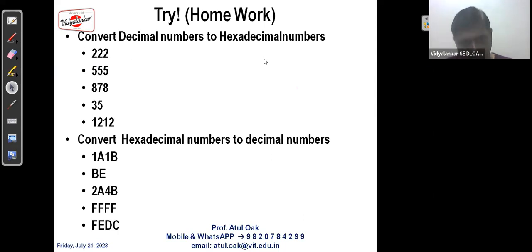Definitely I'll be talking about floating point numbers, but not in today's session, in a coming session. So the answer to your question is floating point numbers are coming, for representation and how we convert. Their algorithm is a little different, and we will do it step by step.